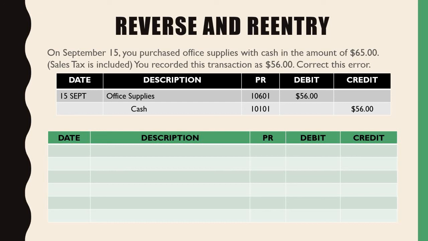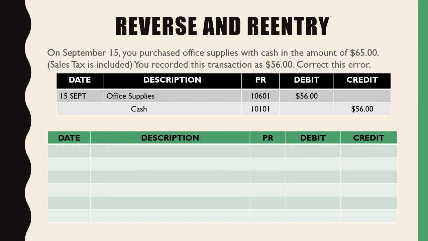Correct this error. So again, we went to the store and we paid $65. But because we came back at the end of a long day and were trying to record our transactions, we ended up recording it as 56 because we didn't bother to look at the receipt.